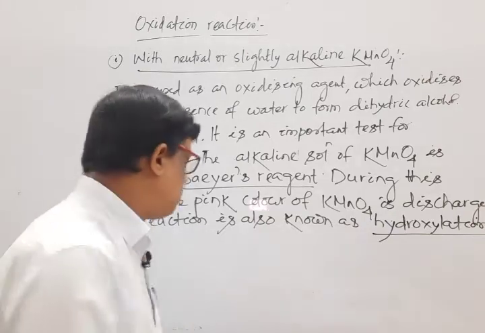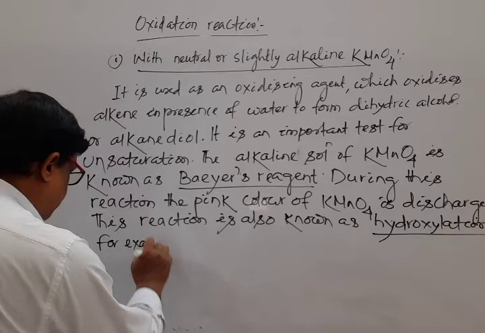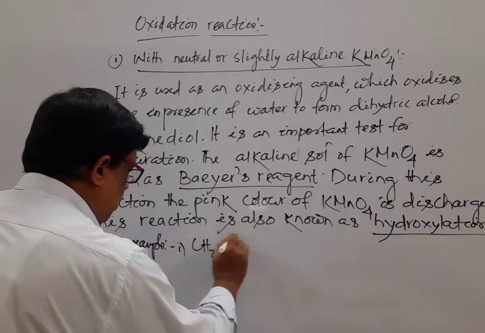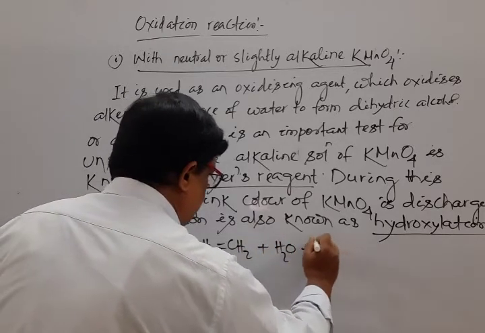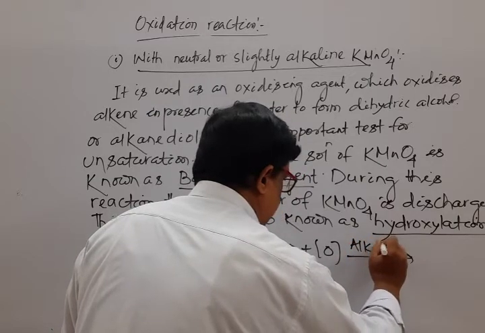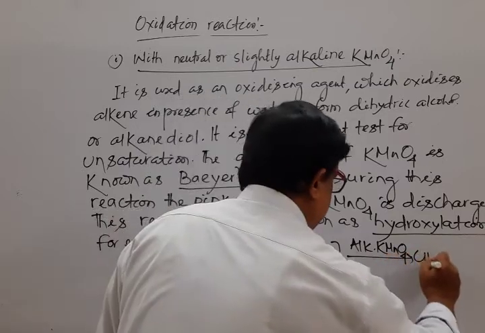Okay, note down the equation. For example, CH2=CH2 plus H2O plus nascent oxygen, that is alkaline KMnO4. What is the product?